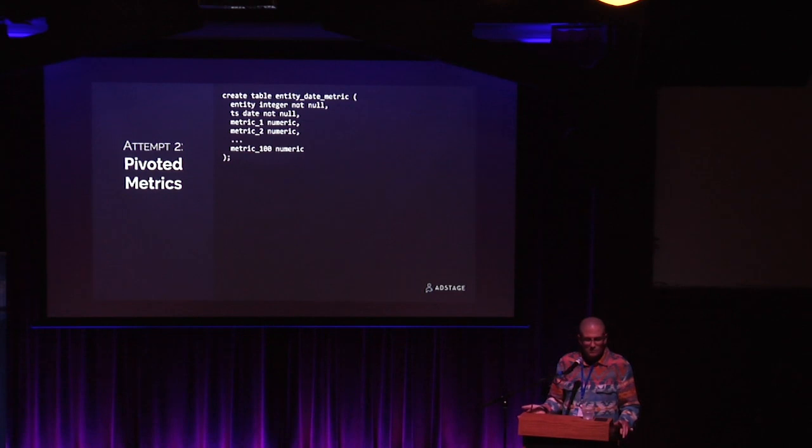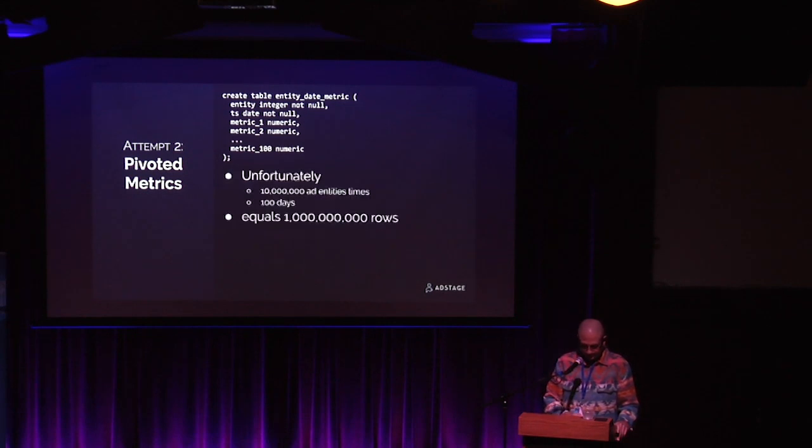It seems like a reasonable improvement, and it's going to cut down on our table size. But there we go, it's really still too big. I cut our 100 billion row table down to a billion row table. That's still kind of too big.